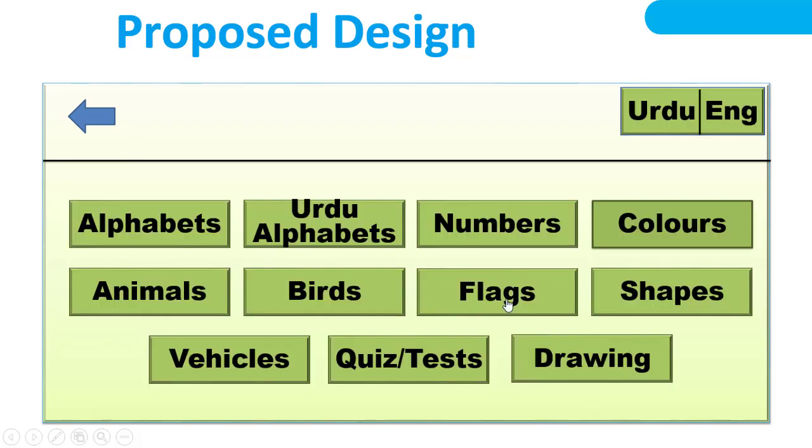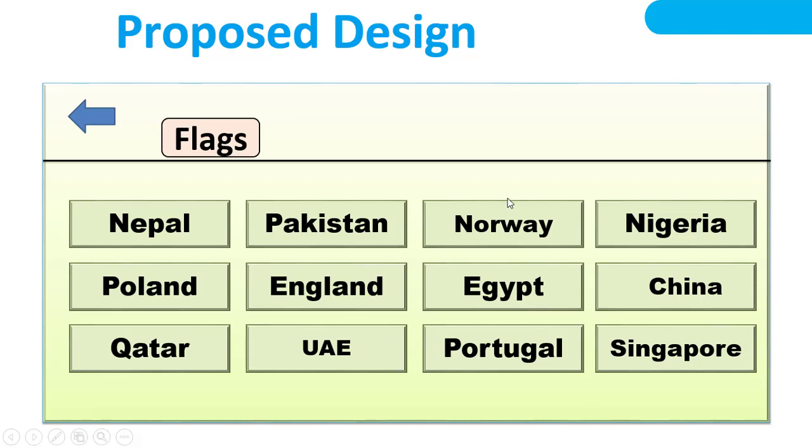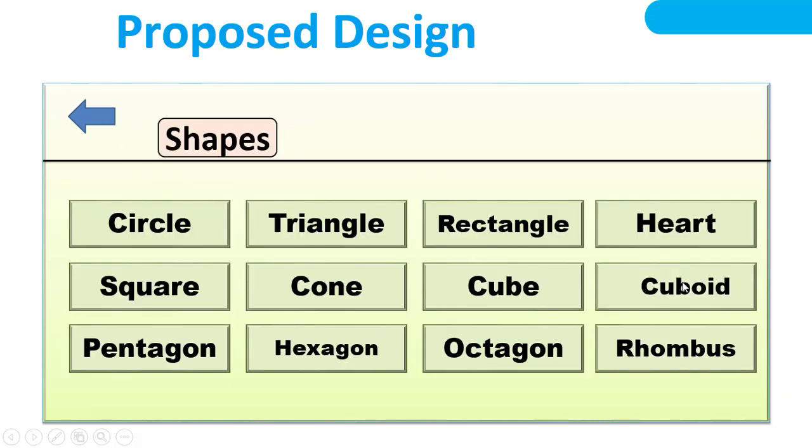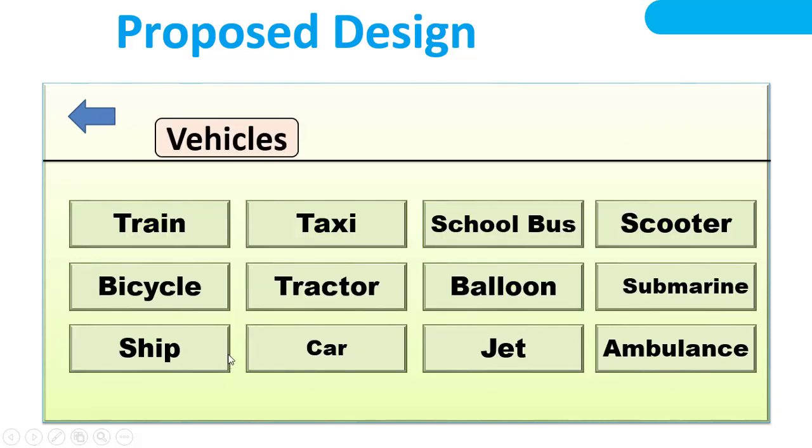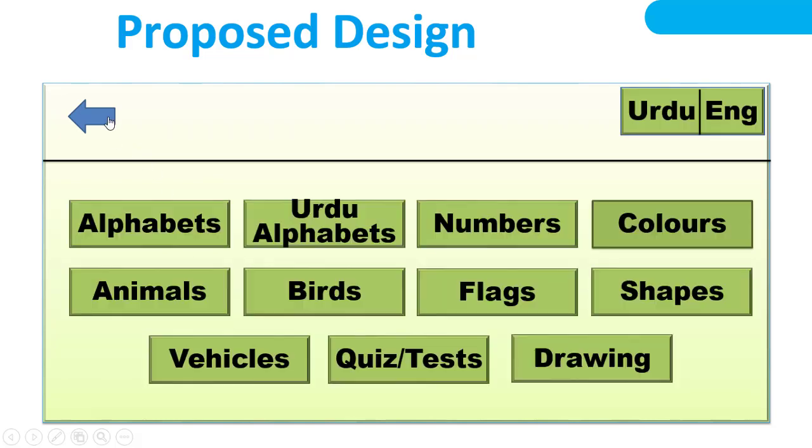After going back, flags: the country name was not mentioned, so after the flag the name of the country will appear. Shapes: the shape names were not written, so I proposed the shape names. Vehicles: the vehicle names were not given, so I added the vehicle names.